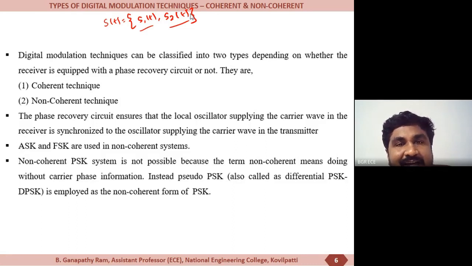If it is having a similar kind of structure, then that is called the coherent type reception technique. Generally the coherent type reception technique uses the correlator type of receiver. In the non-coherent technique, we always use a matched filter type of receiver.